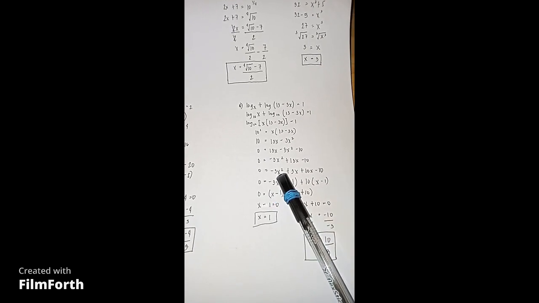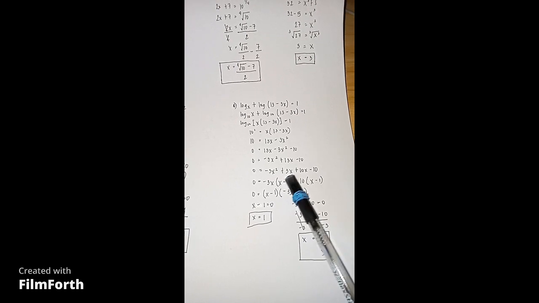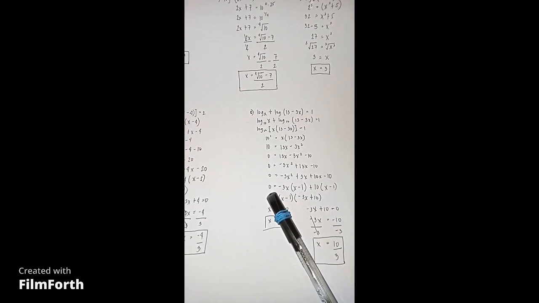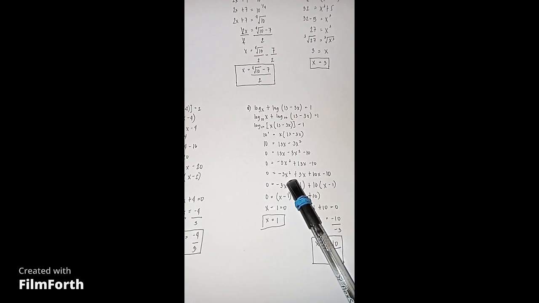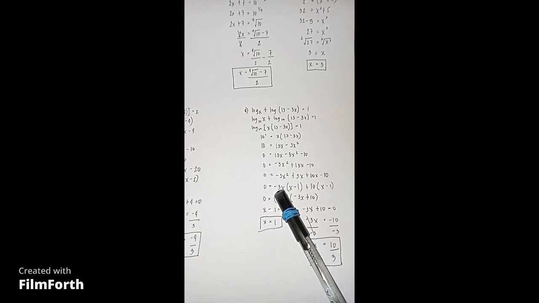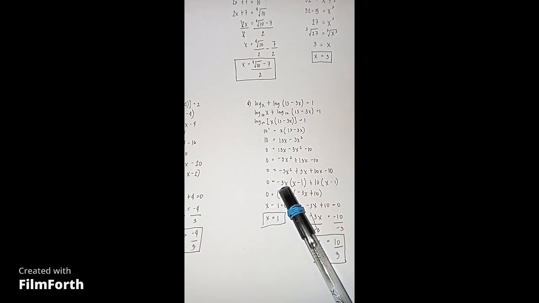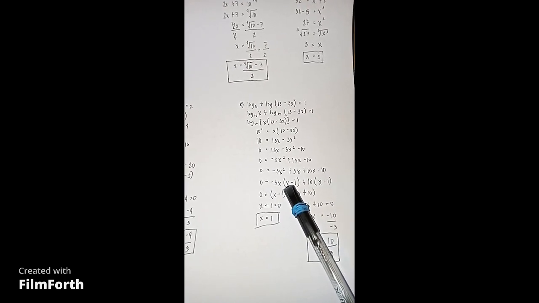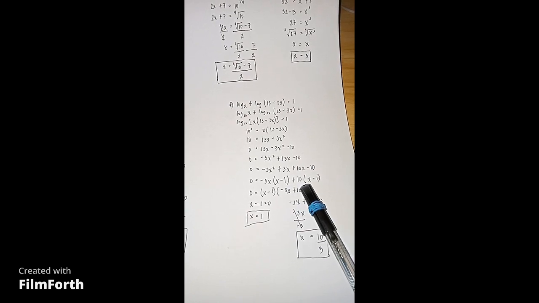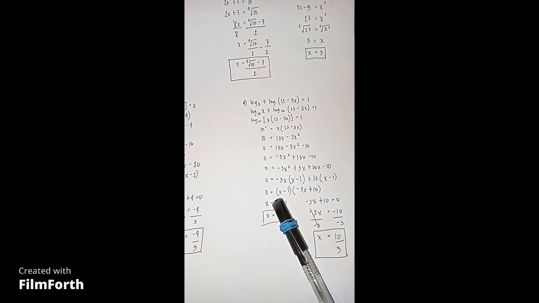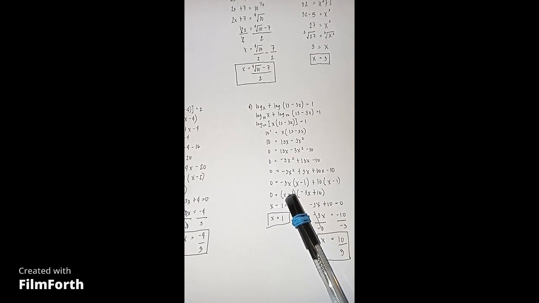So we have here negative 3x squared plus 3x plus 10x minus 10. So 0 equals, so we need to factor it out. So we have here negative 3x, the quantity of x minus 1 plus 10, the quantity of x minus 1. So 0 is equal to, I already have x minus 1.